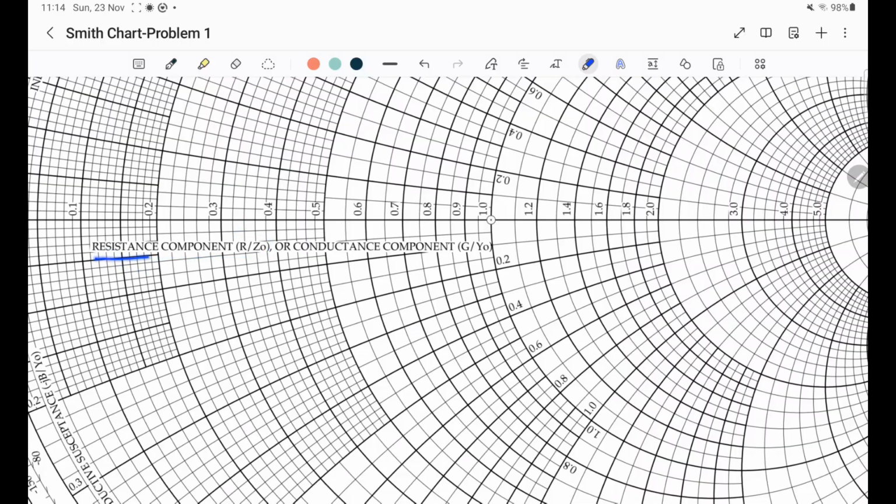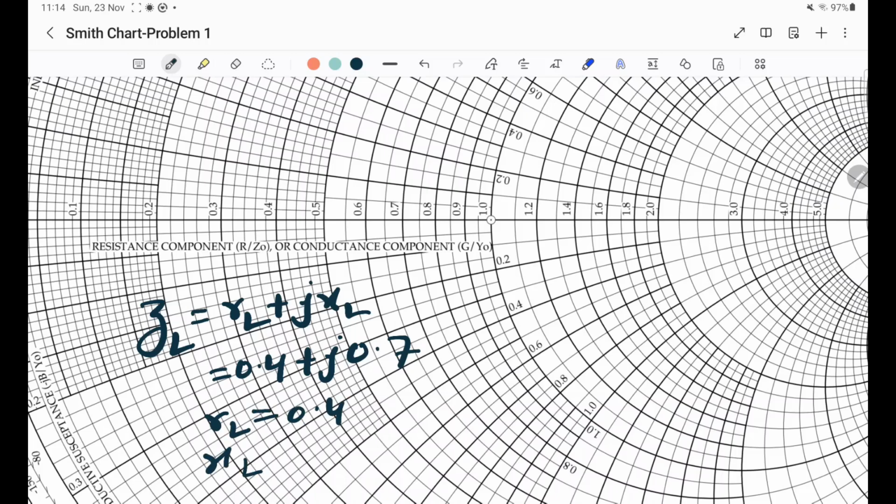So what do we have? We have zL equals rL plus jxL, which equals 0.4 plus j 0.7. So the value of rL is 0.4 and the value of xL is 0.7.